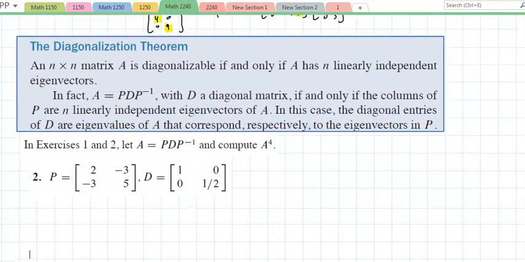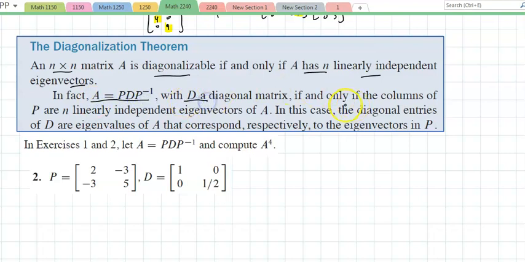And you know where we're going with this. Given an n by n matrix, a square matrix A is diagonalizable if and only if it has n linearly independent eigenvectors. That means they form a basis. Then, when you write it this way, D is a diagonal matrix if and only if the columns of P are linearly independent eigenvectors of A. So it's very important for this to work.